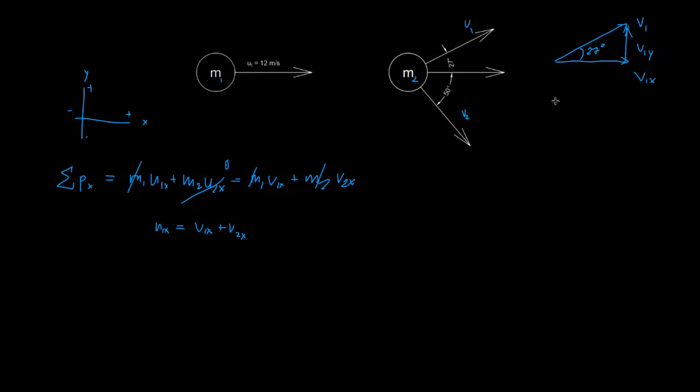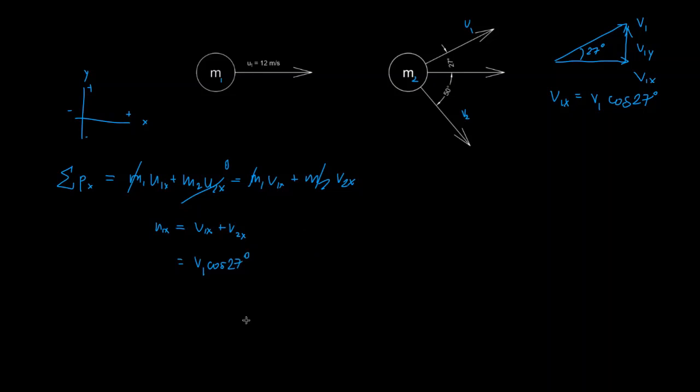And to find V sub 1 sub x, that is equal to V sub 1. Since adjacent siya, that is cosine of the angle 27 degrees. So, isa-substitute natin yan sa V sub 1 sub x. That is V sub 1 cosine 27 degrees.